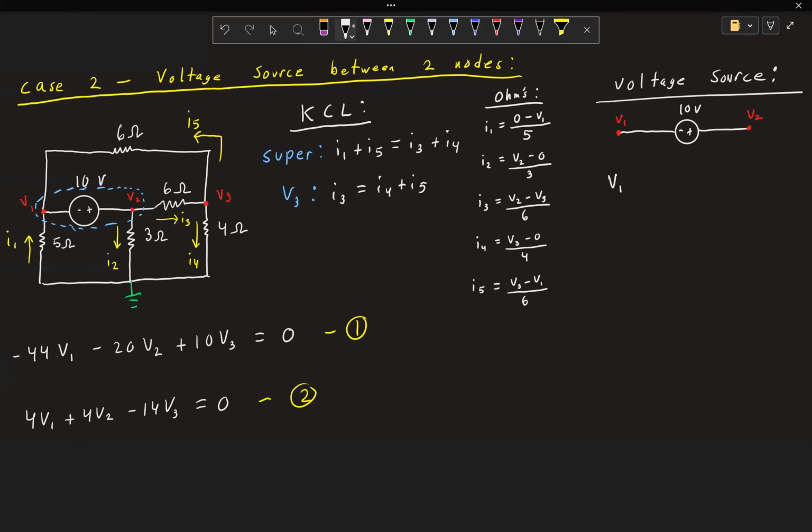That's very important. If you go through it from minus to plus, then it acts like a rise. So if we go from minus to plus, we're going to add 10, V1 plus 10 equals V2. And that gets us our third equation.